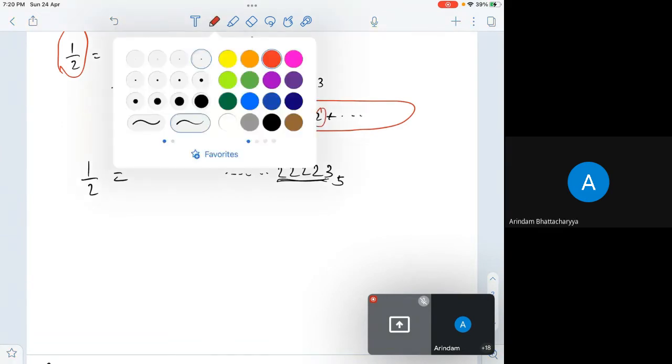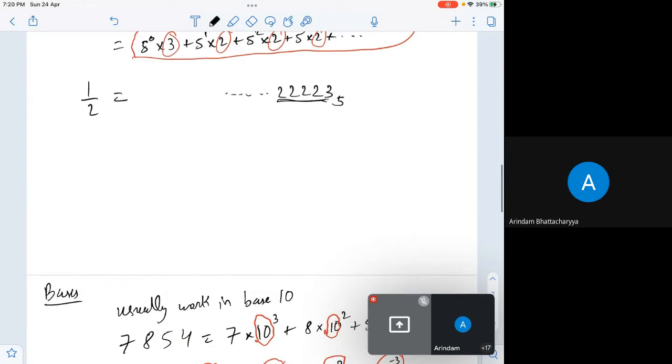And if you try to add these, and we are working mod 5. 3 plus 3 is 6. So 6 is 1 mod 5 and 1 gets carried over. Then 1 plus 2 plus 2 is 0.